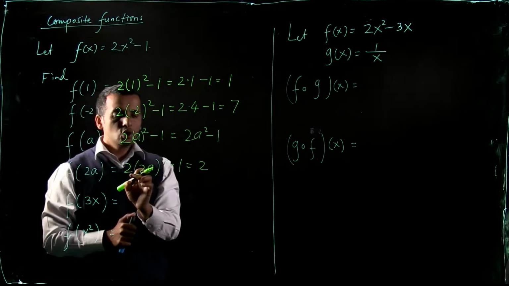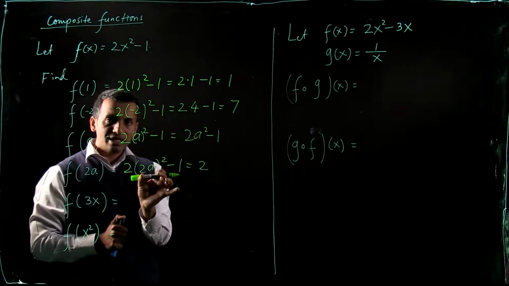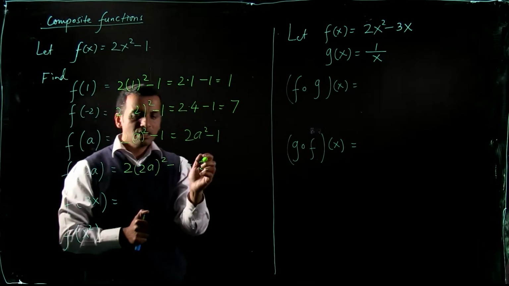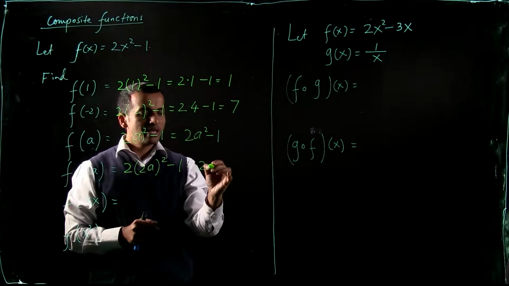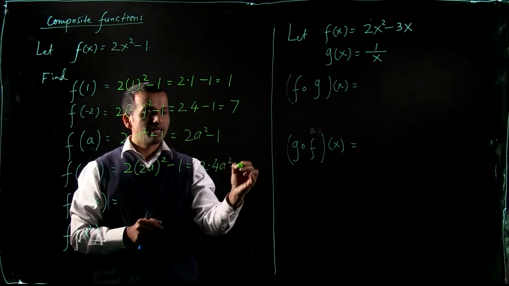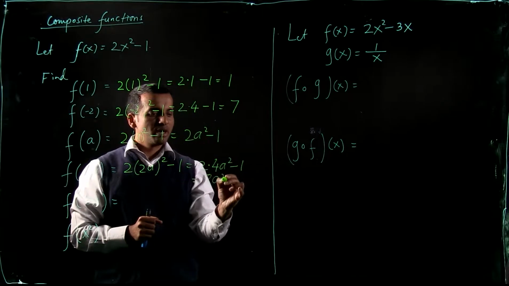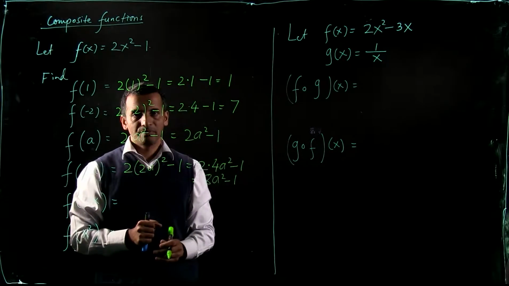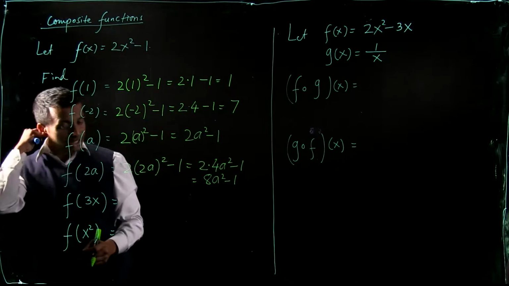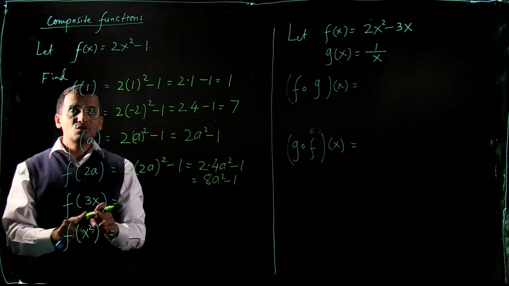So that means 2a times 2a, which is 4a squared. 2 times 4a squared minus 1. So what do you get? You get 8a squared minus 1. Make sense?